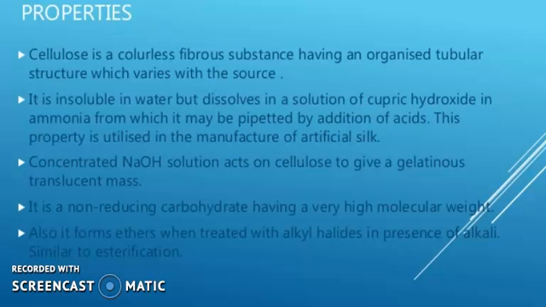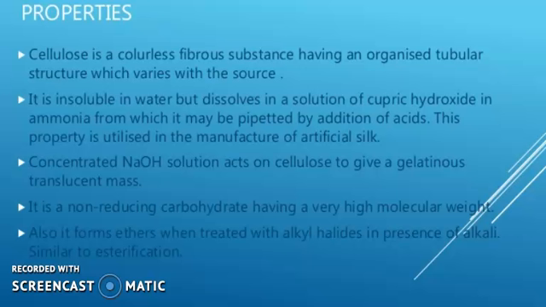So what are the properties of cellulose? Cellulose is a colorless fibrous substance having an organized tubular structure which varies with the source. It is insoluble in water but dissolves in a solution of cupric hydroxide in ammonia, from which it may be precipitated by adding acid, and this property is utilized in the manufacture of artificial silk.